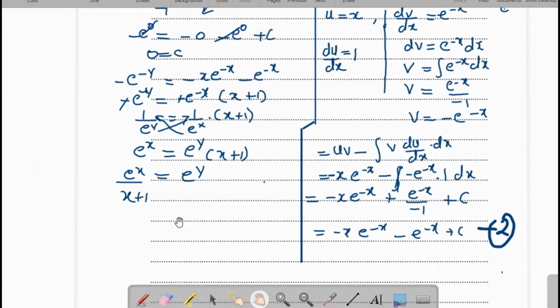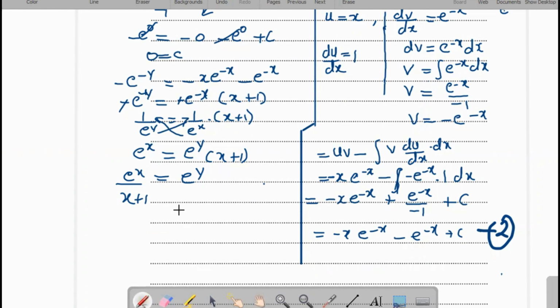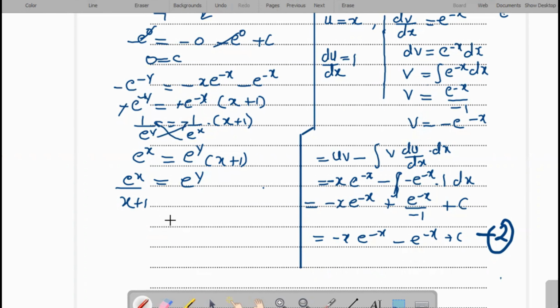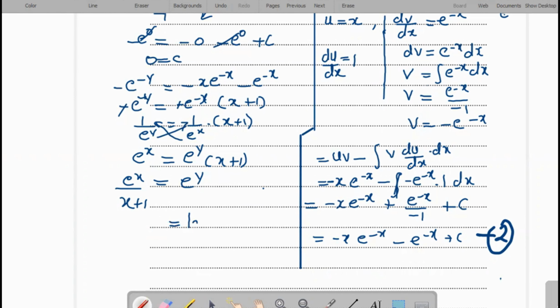To find the value of y, we take log on both sides. Log of e power y, and that is log of e power x over x plus 1.